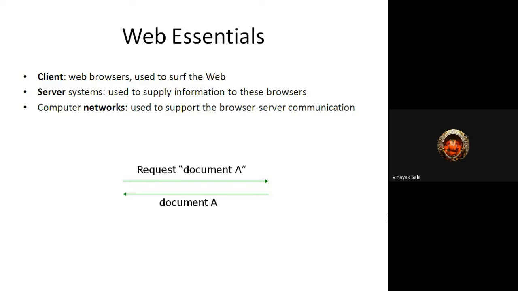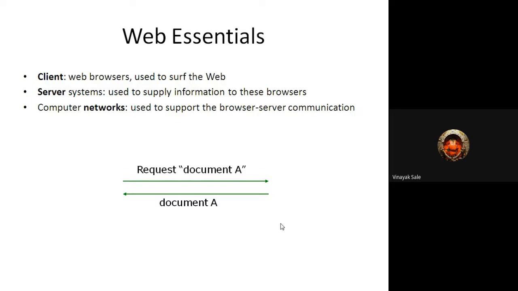Suppose a request is sent by someone for document A, with an arrow from left to right. At the left side there may be a client and at the right side there may be a server. So this is the request from client to server for a document A, and the server provides a service, which gives the related document.